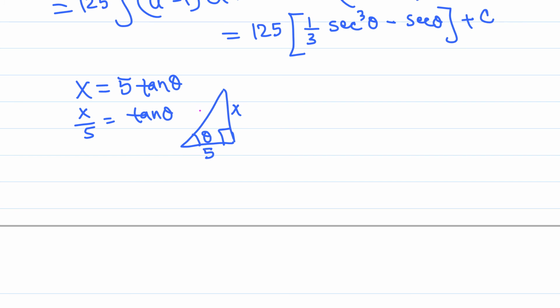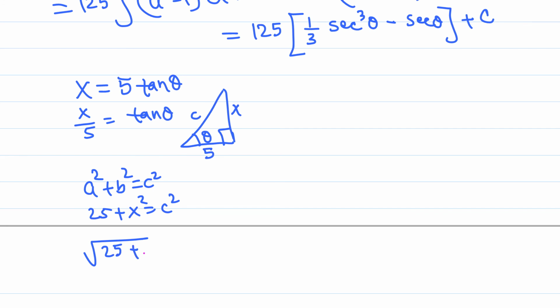Now we can find this c. a square plus b square equals c square. This is c, by the way, the hypotenuse. a means 5 squared, 25, plus b means x square, equals c squared, which is unknown. Now take the square root of both sides. So we get the square root of 25 plus x square, or x square plus 25, same thing, equals c.